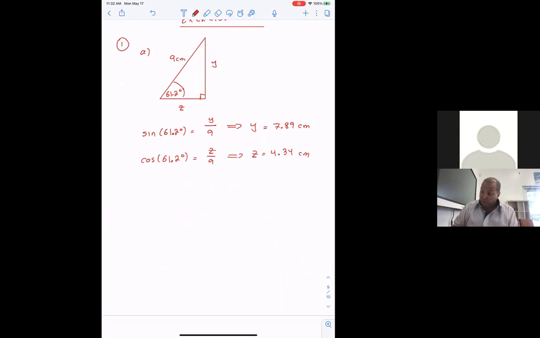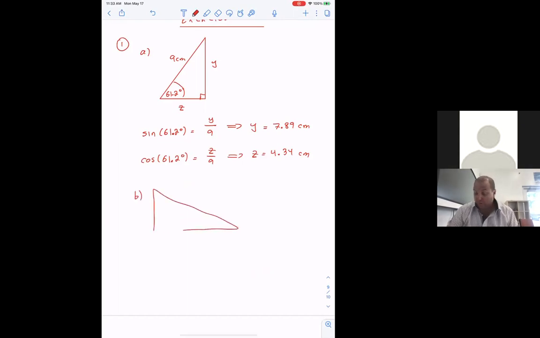In fact, I'm just curious, what would happen if I didn't round? 7.89 squared without all those decimal places, and then I do 81 minus that, and then I square root that. That would have given me 4.33. Oh, look at that. It would have been wrong. 4.33, not 4.34.